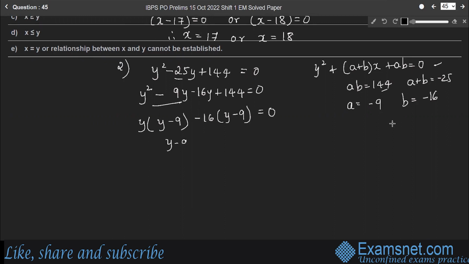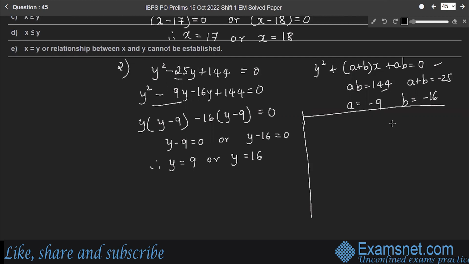Therefore, y minus 9 is equal to 0 or y minus 16 is equal to 0. Therefore, y is equal to 9 or y is equal to 16. Now compare the values of x and y. X, y and their relation.